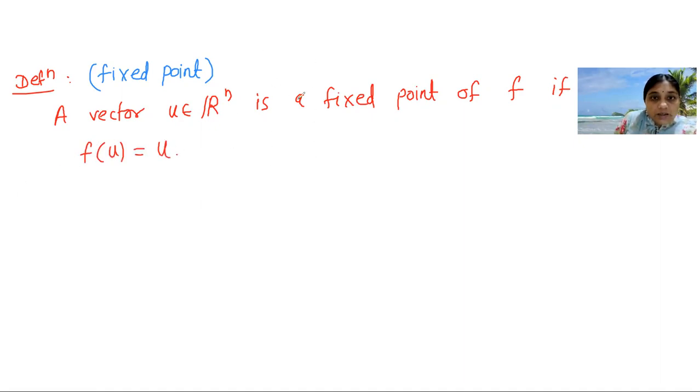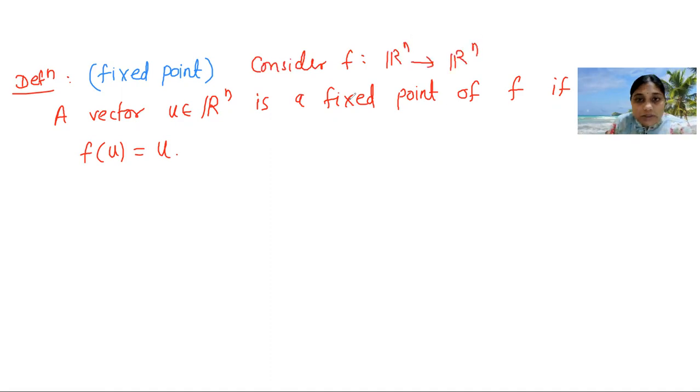What is my f here? f is a function here. Consider f from Rn to Rn. Now onwards, whatever f we consider is a function from Rn to Rn, that is R cross R, n times. So a vector u in Rn, the domain, is said to be a fixed point of f if f of u is equal to u.